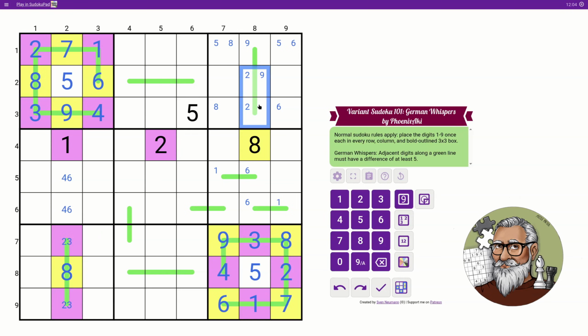Yeah, that makes sense. So now I have a 9 here and a 2 there. One of these is a 2. The 2 could be next to anything, well, not a 6, for instance, but 7, 8, and 9 all work next to a 2.